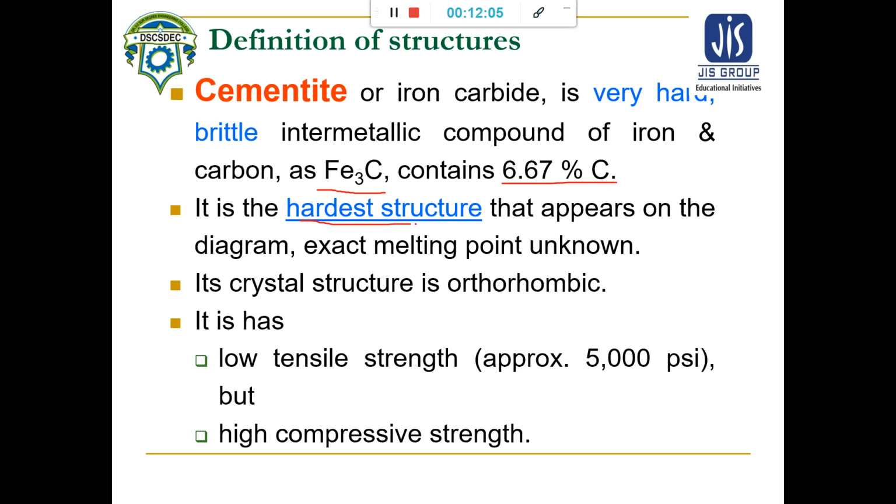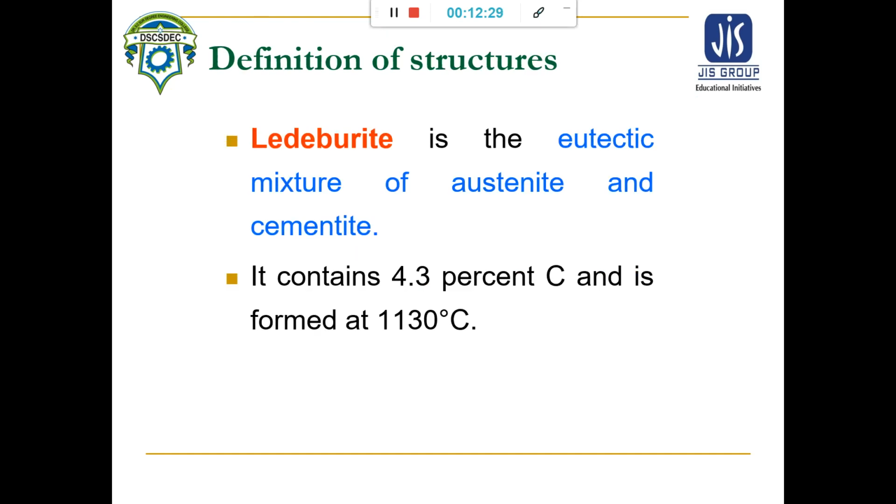It is the hardest structure that appears on the iron carbon diagram. Its exact melting point is unknown. Its crystal structure is orthorhombic. It has low tensile strength but high compressive strength, and most importantly it is the hardest structure.